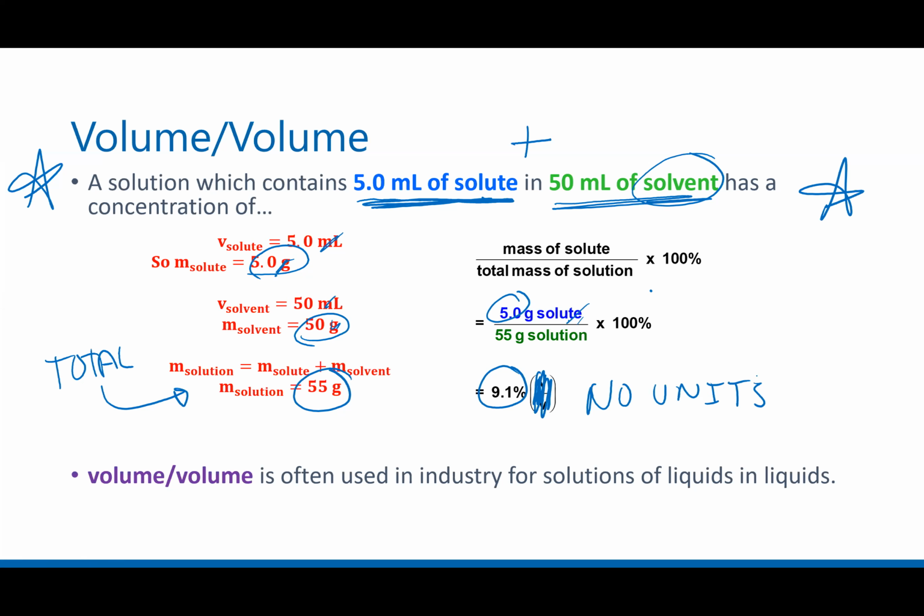So you don't have to show me changing grams to milliliters, milliliters to grams. All you truly need to do is take the amount, milliliters or grams, it doesn't matter, of solute and divide it by the total amount of solution. Grams and milliliters do not matter. Good question, very good question.